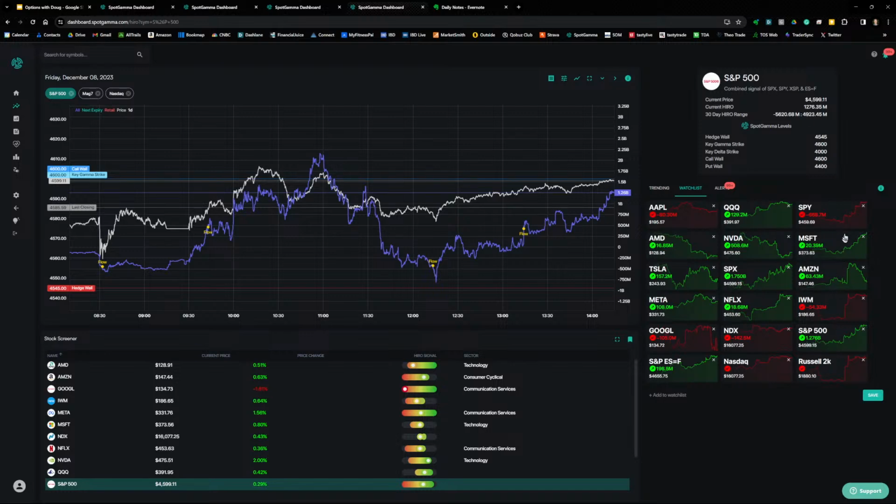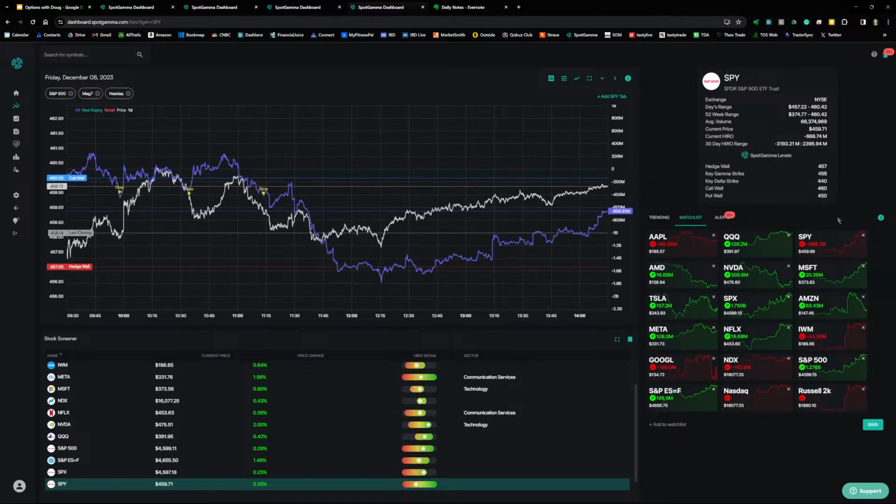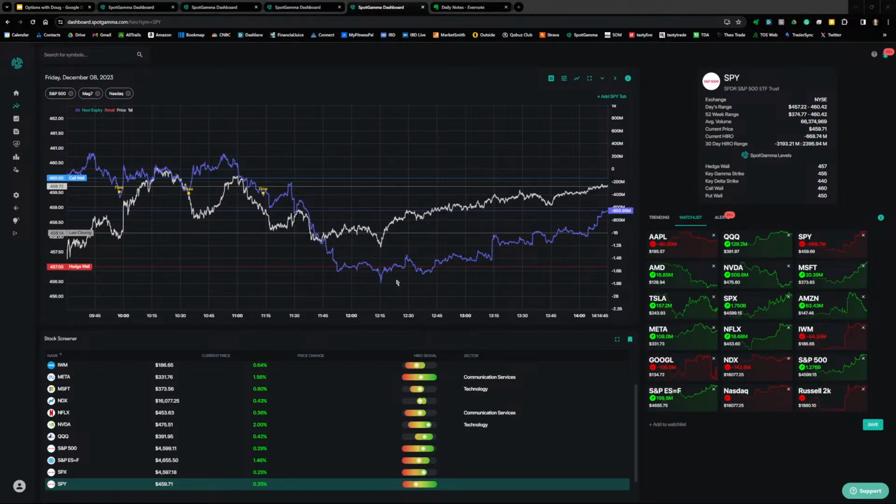And I can also take a look at the individual components. So looking at the afternoon rally, SPY options traders start to take positive delta positions and price moves higher.